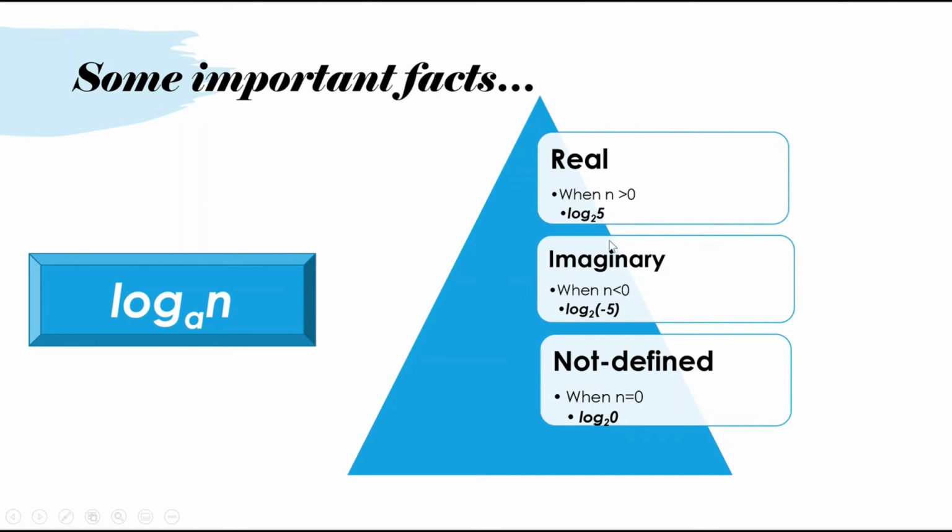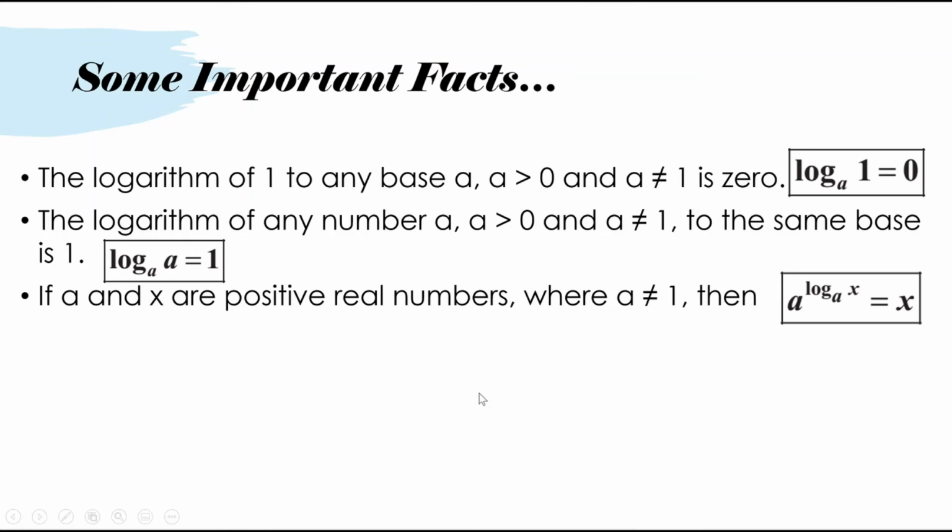Now for example, if the argument is less than 0, then the whole thing will be imaginary. Okay, and if the argument is equal to 0, that means the whole form will be not defined. Okay, we will do questions mainly related to the first category, that is the real logarithm. But you need to understand that we can do the imaginary and the not defined ones in the higher classes.